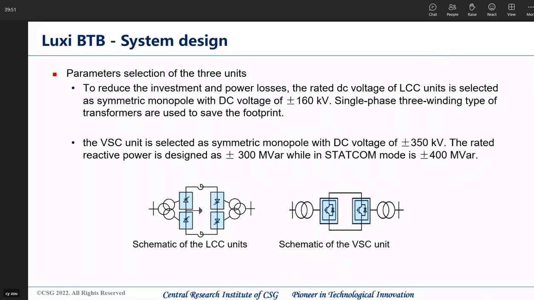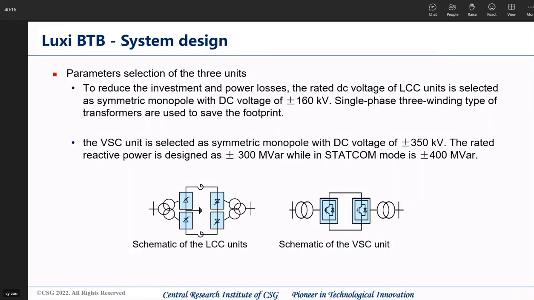To reduce the investment and the power loss, the rated DC voltage of LCC units is selected at symmetric monopole and DC voltage at 160 kilovolts. Single phase 3 winding type of the transformer is used to save the footprint. The VSC unit is selected at symmetric monopole and the DC voltage is 350 kilovolts.